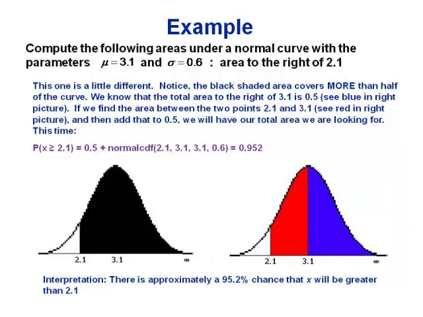And then I need to add on that red part that is on the other side but is not a complete half. So for this one I'm going to do 0.5, which is the blue part, plus the red part, so normal CDF between 2.1 and 3.1, mean and standard deviation, and so that gives me 0.952 or 95.2%.